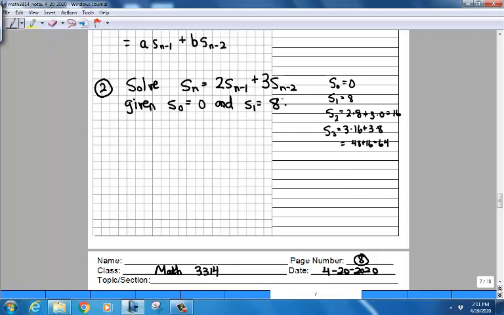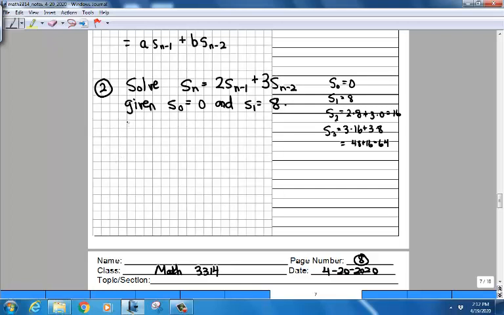But what I want to do is turn this recurrence relation into a non-recursive formula, and that's what the theorem helps me to do. So what do I need to write down the non-recursive formula? We need to write down the characteristic equation.